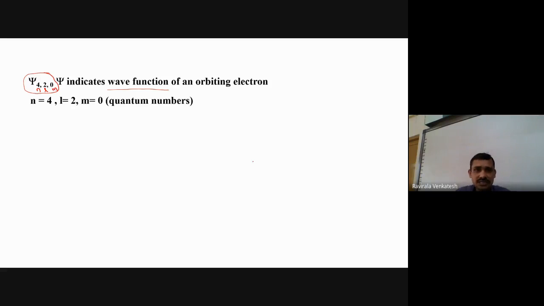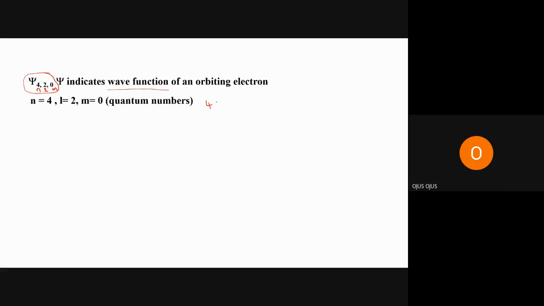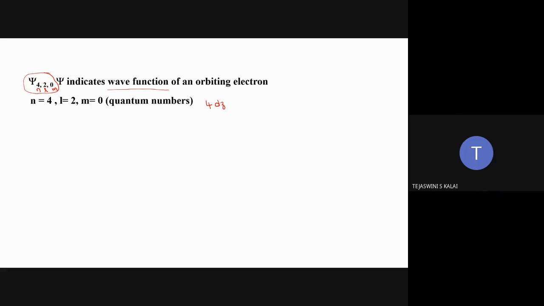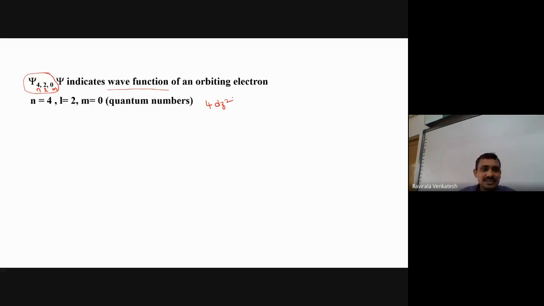So, which orbital is it? 4. L is equal to 2 means which orbital? D orbital. Now, m is equal to 0 means which orbital? Dz square. Now, you can say psi 4, 2, 0 indicates the electron present in the 4dz square.